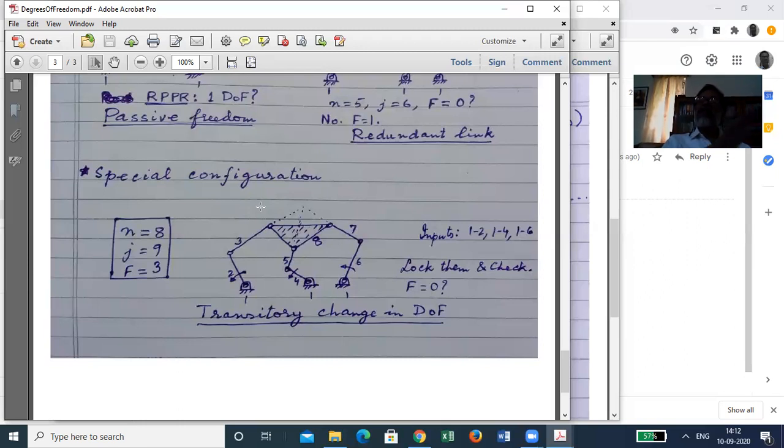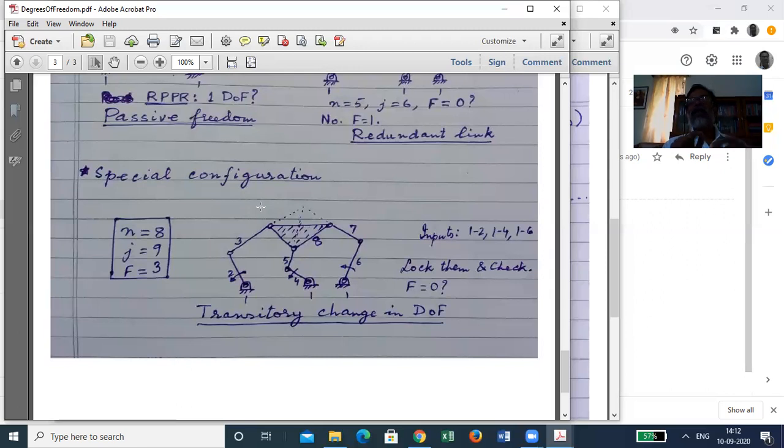So for a significant amount of motion, that special situation might continue. These are typically situations where the mechanism has been designed and put in that configuration to create trouble. At the time of design, you try to avoid such things.